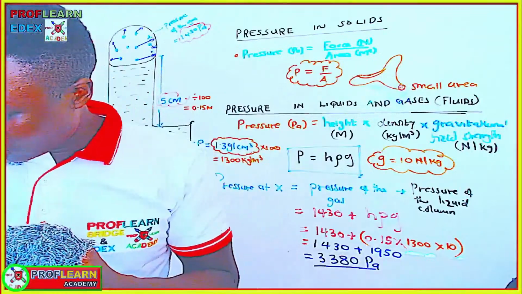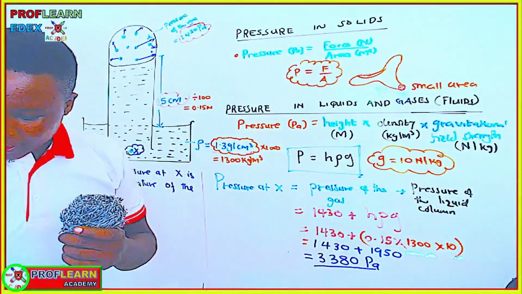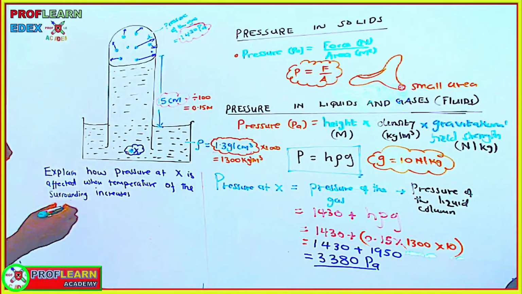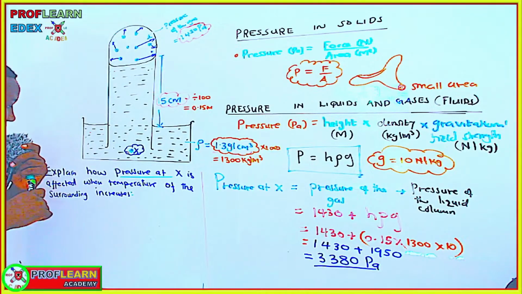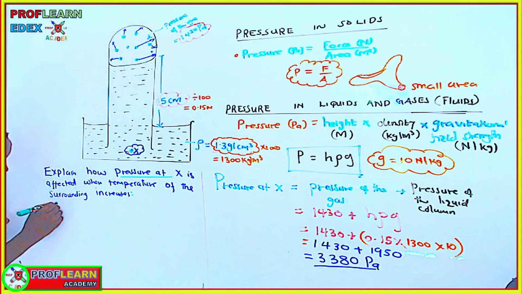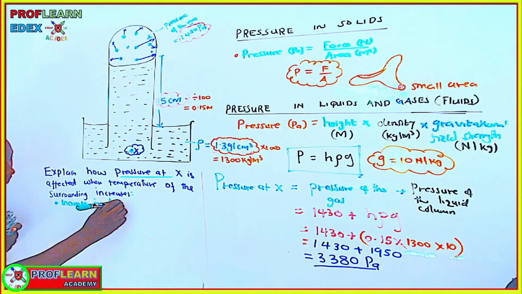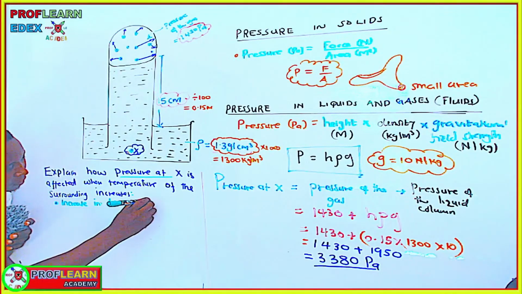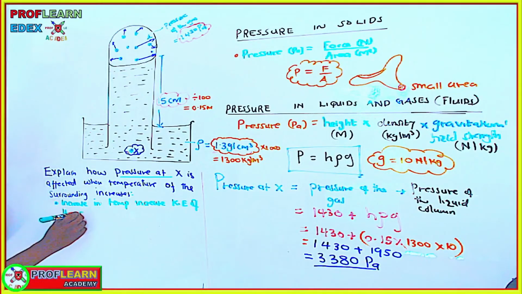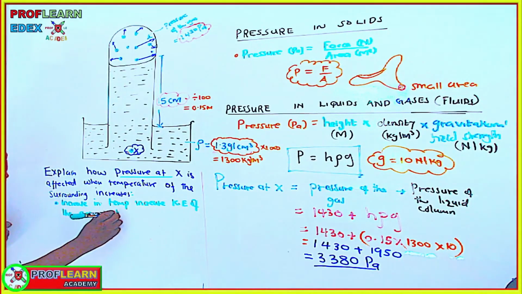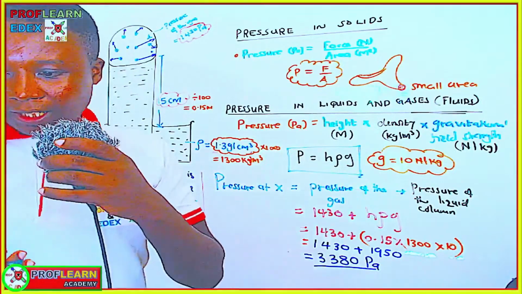If we are trying to answer what happens to the pressure at point X when the temperature around is increased, an increase in temperature increases the kinetic energy of the gas particles.